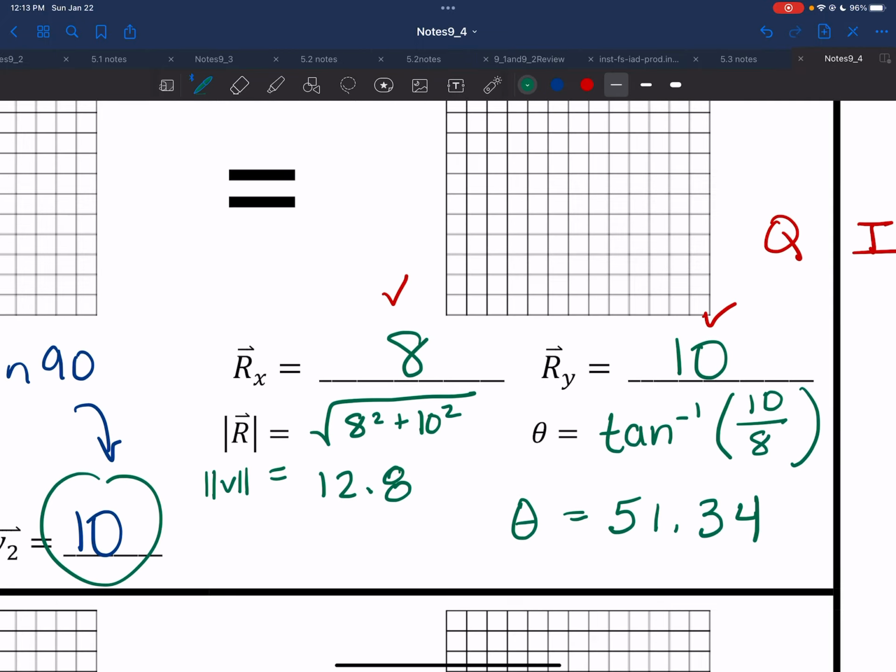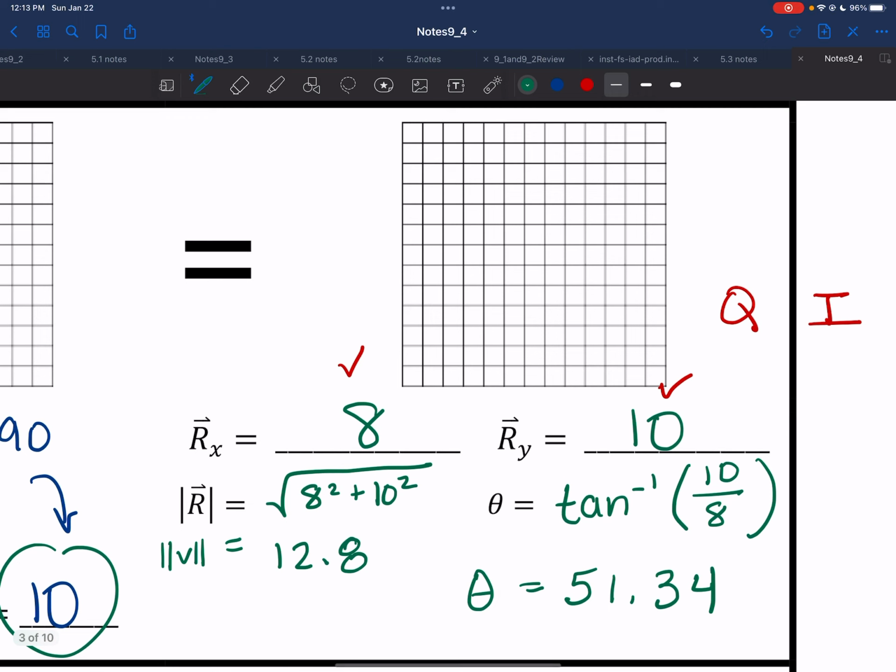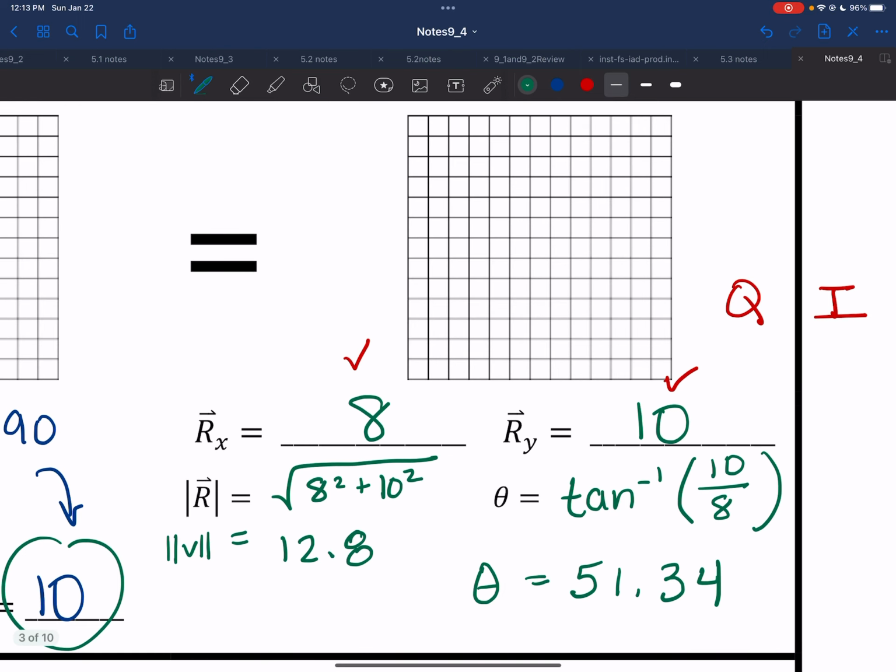Now let's go ahead and draw what this vector looks like. So I'm going to take this 8 and 10. I'm going to go to the right 8: 1, 2, 3, 4, 5, 6, 7, 8. And then I'm going to go up 10: 1, 2, 3, 4, 5, 6, 7, 8, 9, 10.